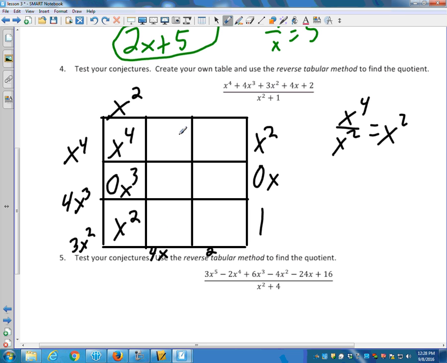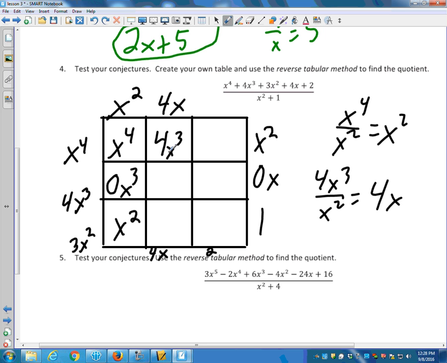And now we got to figure out what goes in the top of the next column. How do you know it's 4? Because those two have to add up to 4x to the third, don't they? So you're going to have 4x to the third here. And now you do your division. 4x to the third divided by x squared is 4x.